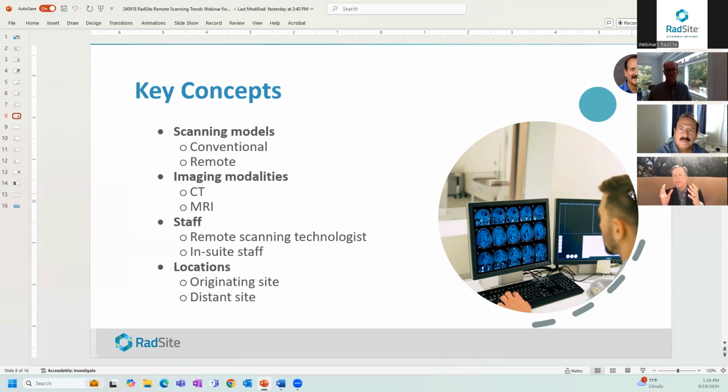Yeah, so the convention is that you've got everyone co-located at the place where the patient is. So you've got the scanner, you've got the patient being scanned. Inside that room, or in the nearby room, you've got the technologist, either CT or MRI, and potentially technologist assistants also, all essentially within the CT or MR scanning suite.